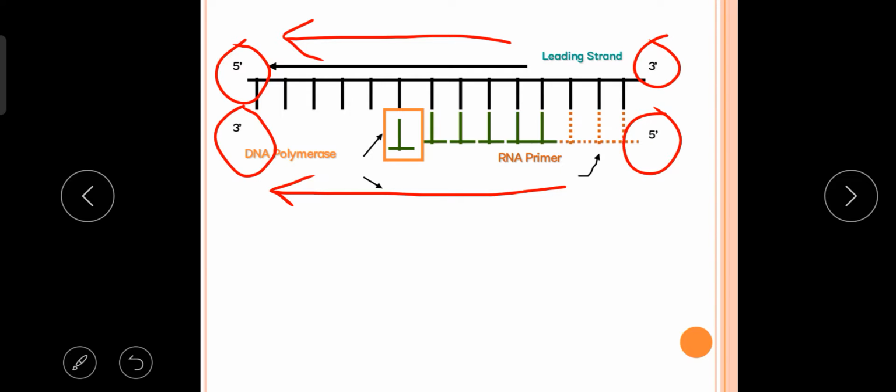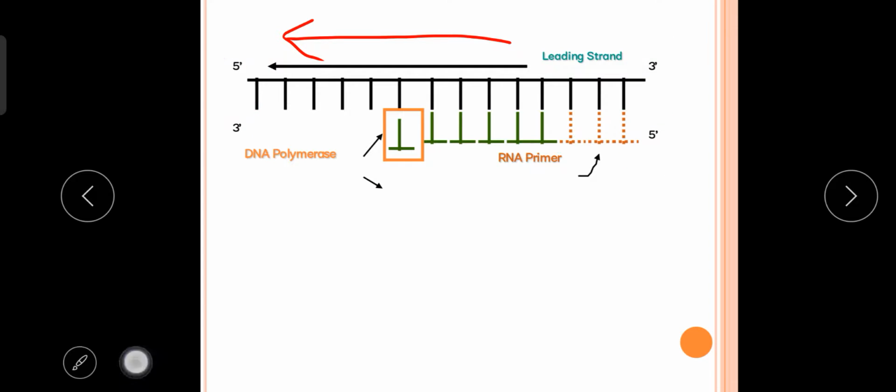So this is called the leading strand. Why? Because in this new DNA strand there are no gaps between the DNA sequences, so DNA polymerase will progressively add the deoxyribonucleotides in a long chain.